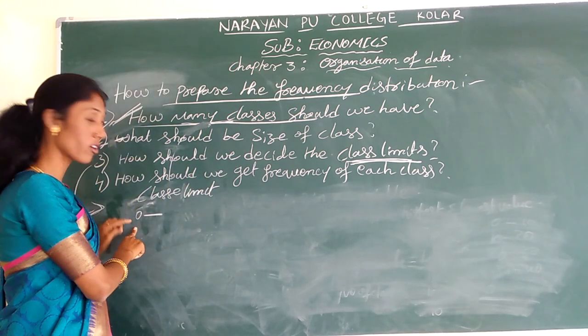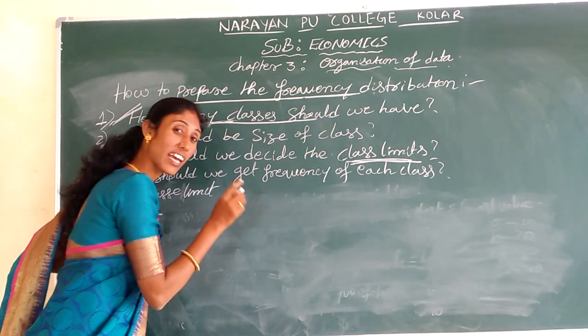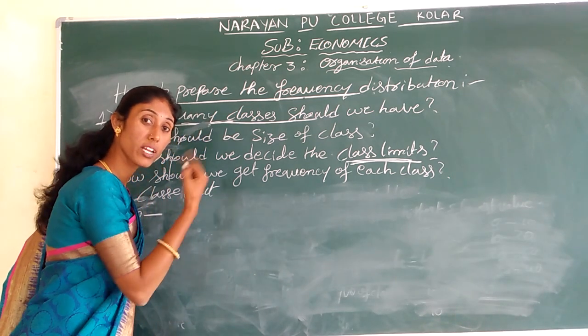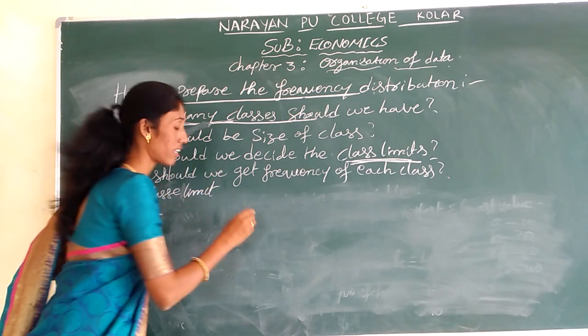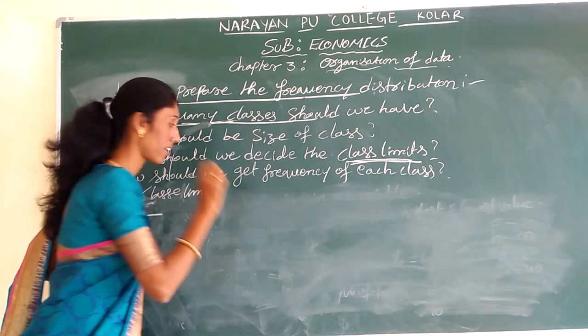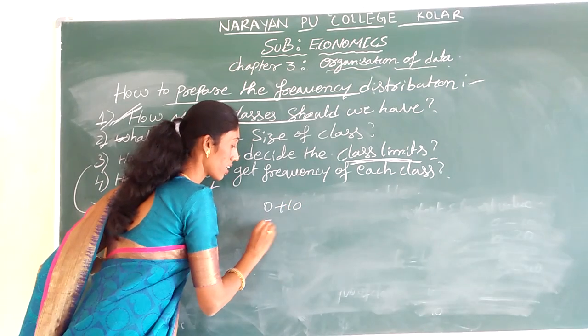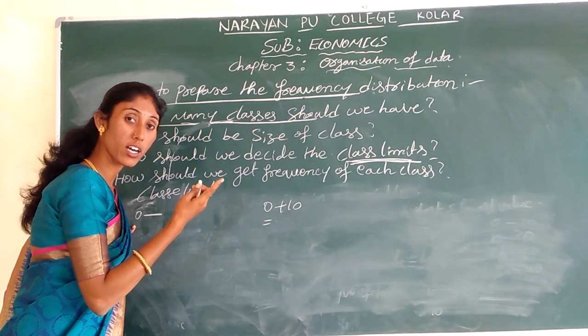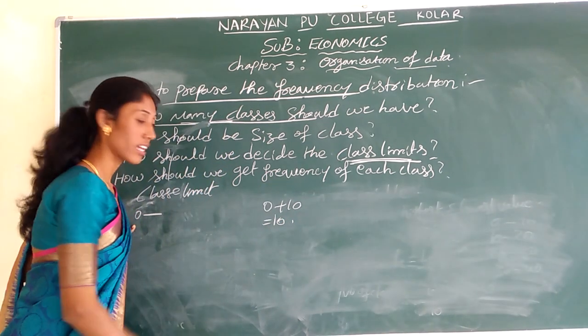Here the lower limit we got is 0. Adding the class interval to the lower limit, we will get the upper limit. What is the class interval size? 10. Yes, right, we have decided that here. The class interval size is 10. 0 plus 10. Then what will be the upper class limit? The upper class limit will be 10.